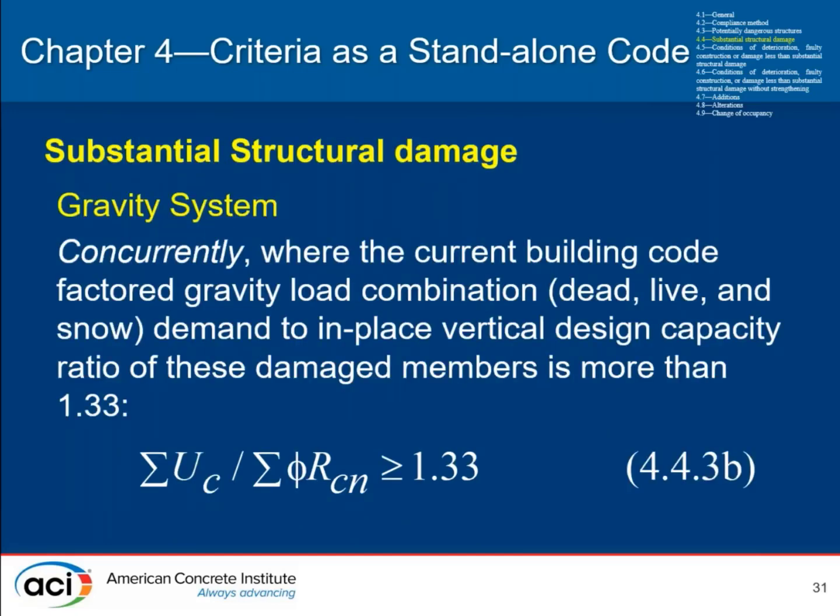There's a second trigger that defines substantial structural damage for a gravity load resisting system, and that trigger comes into play when the current building code factored gravity load combination, we're thinking about dead, live, and snow load specifically there, if the demand for that factored gravity load combination to the in-place vertical design capacity of the damaged members is more than 1.33.